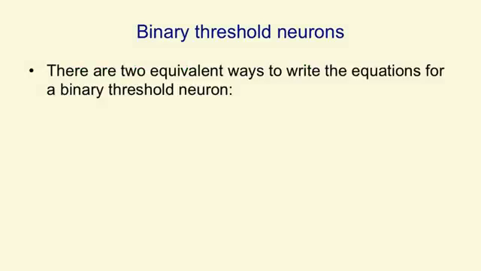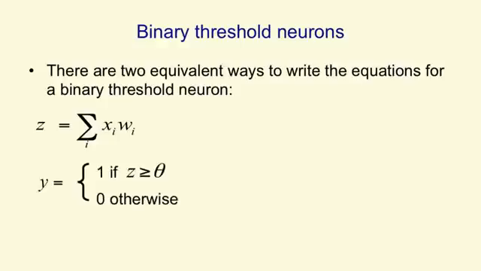There are actually two equivalent ways to write the equations for a binary threshold neuron. We can say that the total input z is just the activities on the input lines times the weights, and then the output y is 1 if that z is above the threshold, and 0 otherwise.